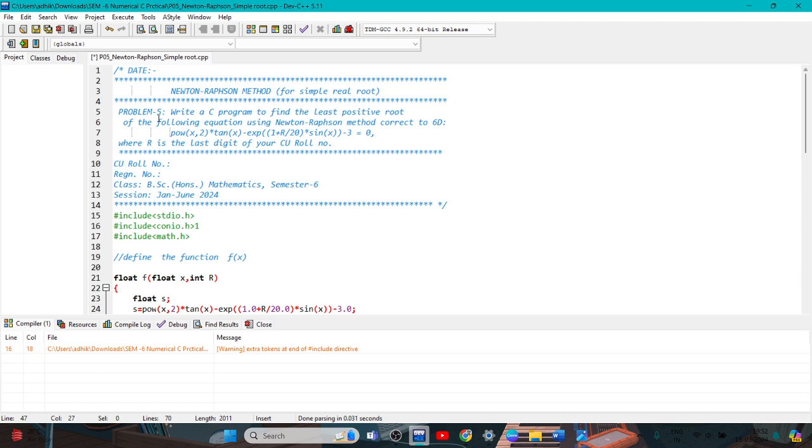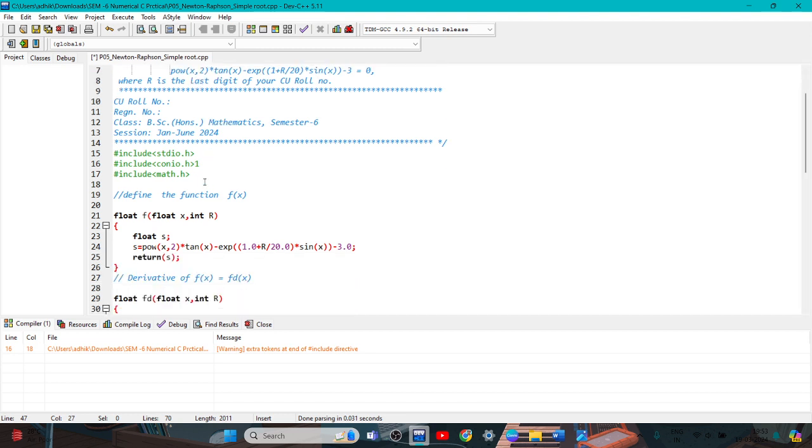Problem 5: write a C program to find the least positive root of the following nonlinear equation using Newton-Raphson method, correct to 6 decimal places. x to the power 2 tan x minus e to the power (1 plus r by 20) sin x minus 3 equal to 0, where r is the last digit of your CU roll number.